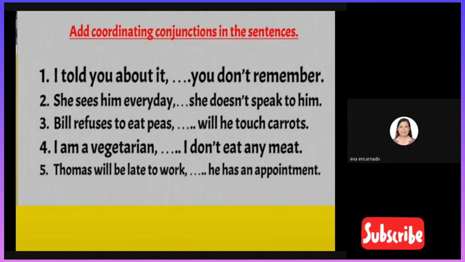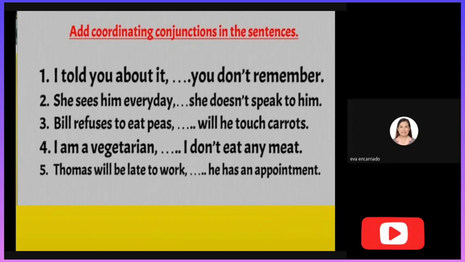I told you about it, that's positive. You don't remember, that's negative. So we use the word but or nor. Alright, we use but. Or we could also use yet. I told you about it, but you don't remember.